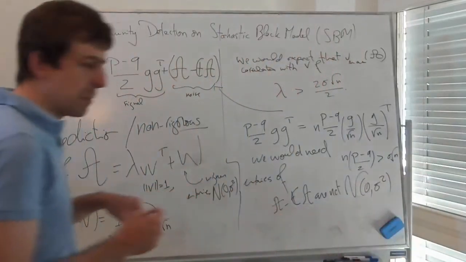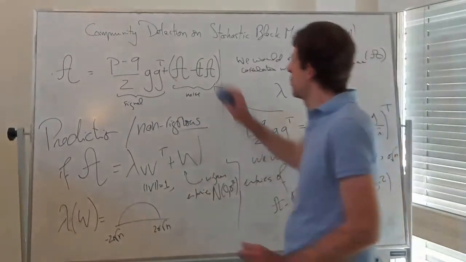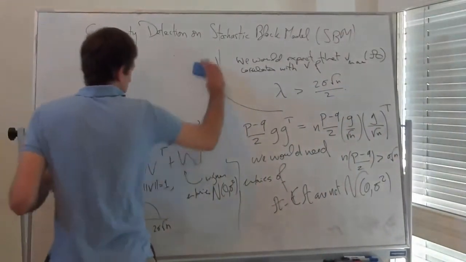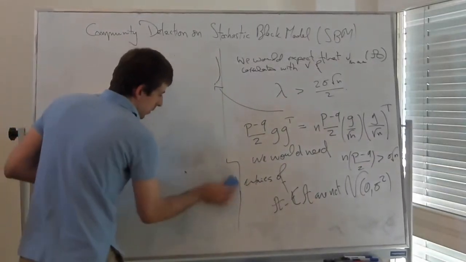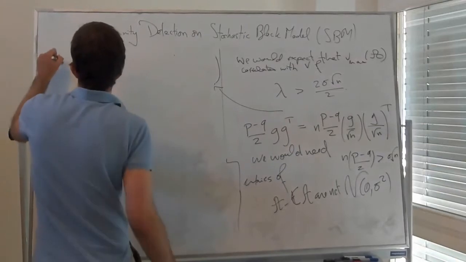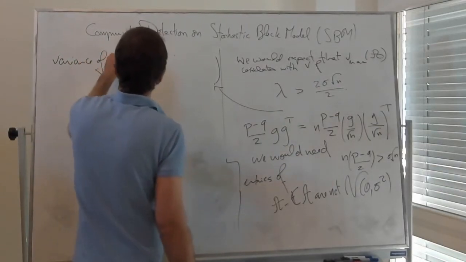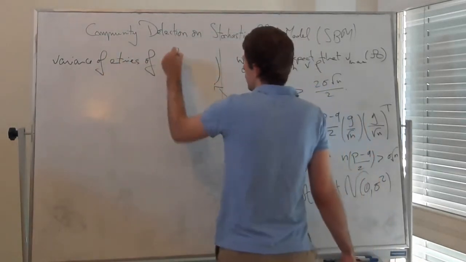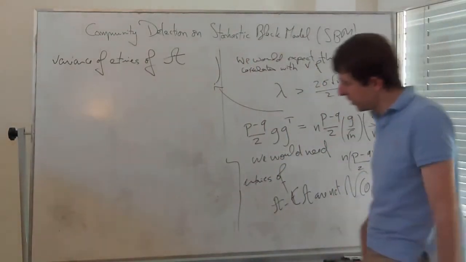Entries corresponding to things in the same cluster look different than entries corresponding to things in a different cluster. So what is the variance of these entries? What is the variance of entries of A? The variance of an entry or an entry minus the expectation is the same.